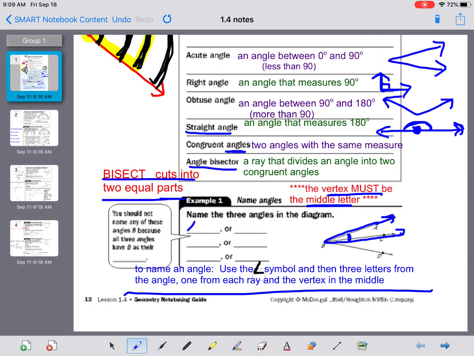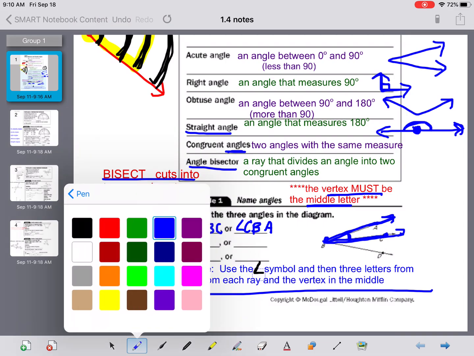So I can call this angle ABC. Now that's that top angle. Now there's only one other way I can change that name. I could have started with C, then to B, then to A, so I could call it angle CBA. So I can flip-flop my letters. But no matter what, the middle letter is going to be that vertex B. That's the one I need you to be able to see there. Okay, so there's one of my angles.